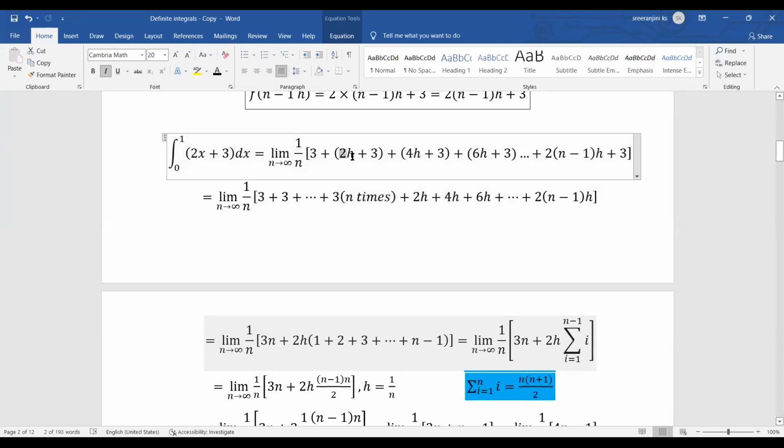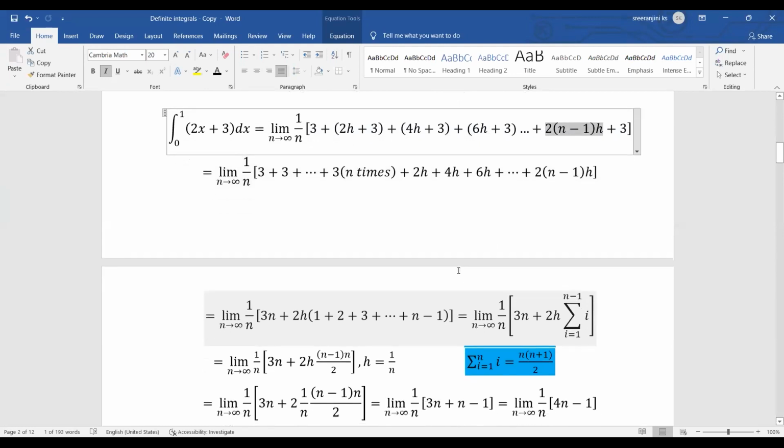Now another group is there. What is that group? 2h plus 4h plus 6h plus etc. plus 2(n-1)h, right? Yes. That is clear. Now in this 2h plus 4h plus 6h plus etc. plus 2(n-1)h, we can take 2h as common factor.